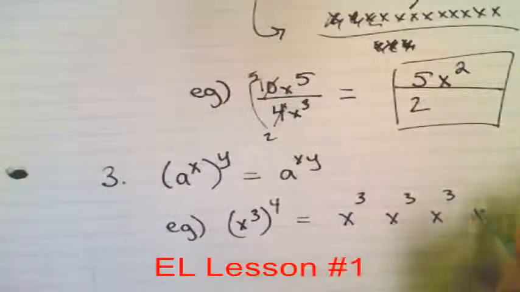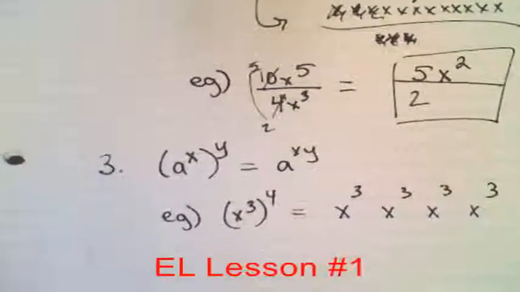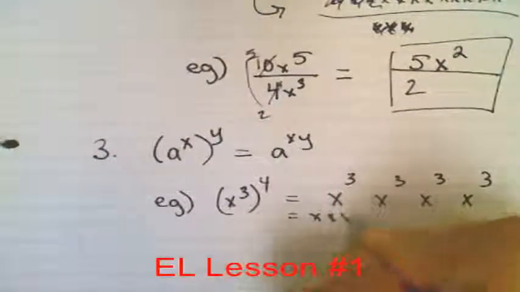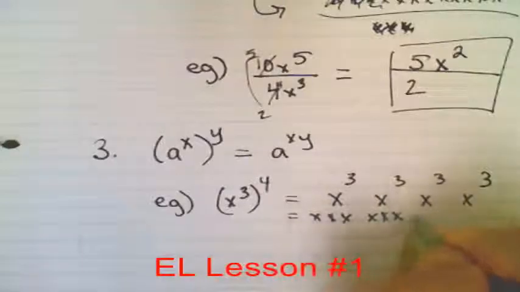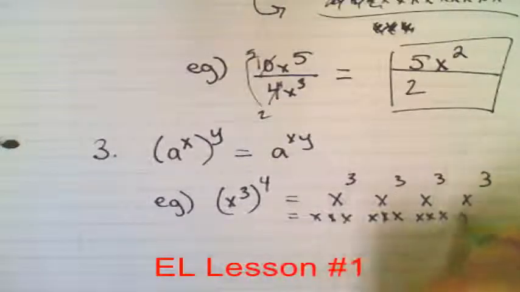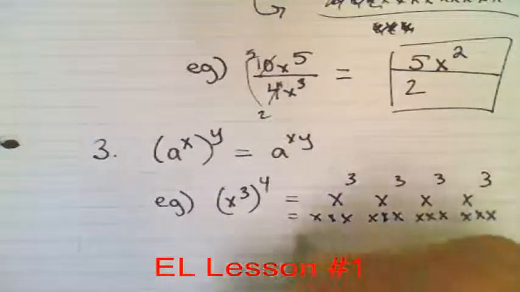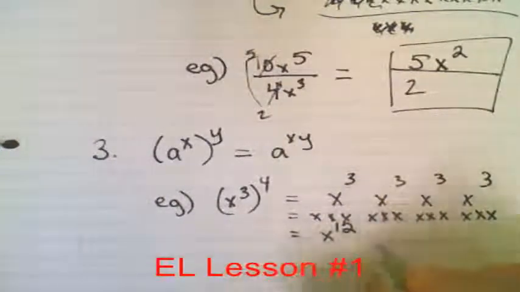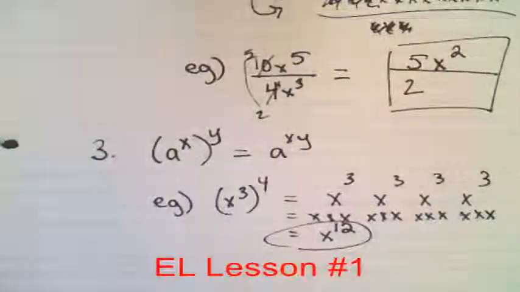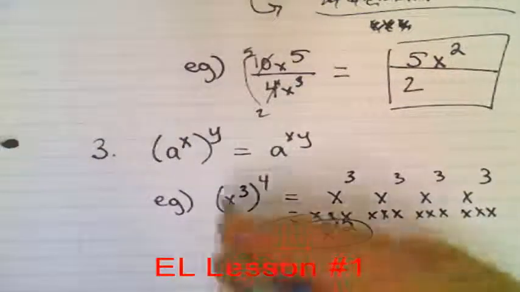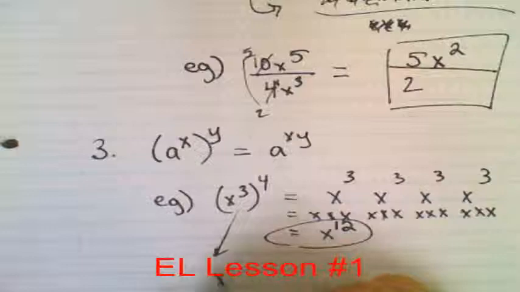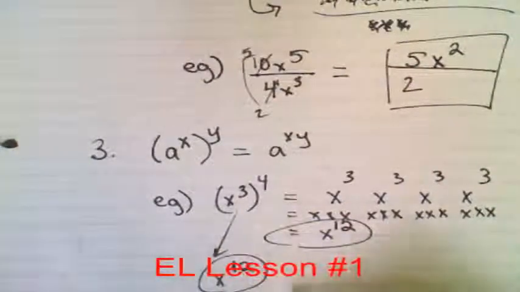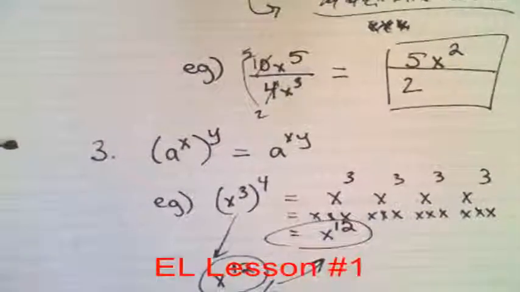If I have, e.g., x cubed to the 4th power, what that means is I've got 4 x cubed's. So I've got an x cubed, an x cubed, an x cubed, an x cubed. And if I take that and break that down further, x cubed is xxx, and an xxx, then an xxx, and then finally an xxx. What do I have? Well, I have a whole bunch of x's. How many? 12. So I can write that as x to the power of 12.